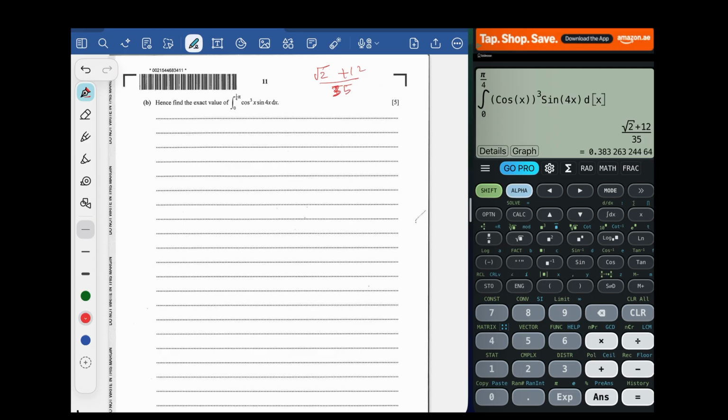So you just compare. Whenever you see hence, it means use your answer from the previous part to solve this.